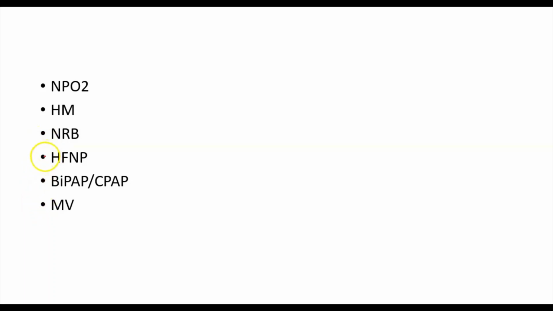These modalities include high flow nasal prongs, BiPAP, of which you can use it for type 1 respiratory failure, but it is particularly useful for type 2 respiratory failure, CPAP, which can be useful for type 1 respiratory failure, but generally you wouldn't use it for type 2 respiratory failure, and lastly, mechanical ventilation, for if the patient has such severe respiratory failure that it is refractory to all of these other modalities, or if the patient is losing consciousness and losing their airway and they need to be intubated and therefore mechanically ventilated.